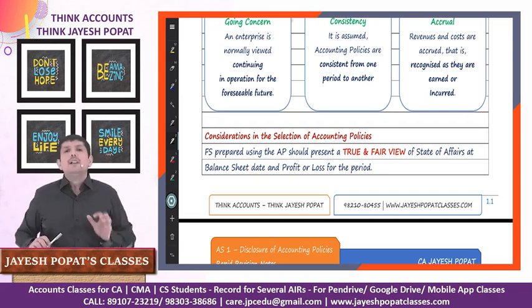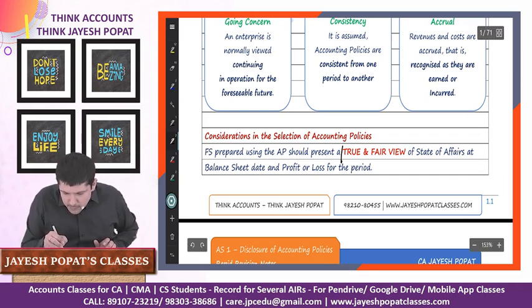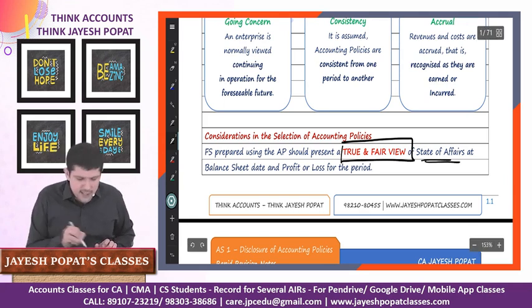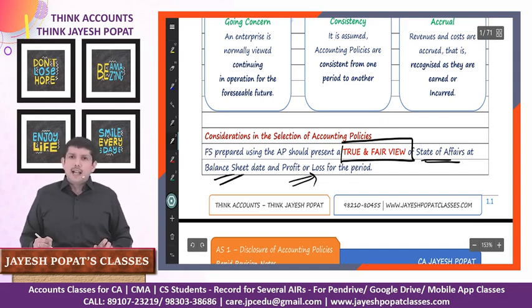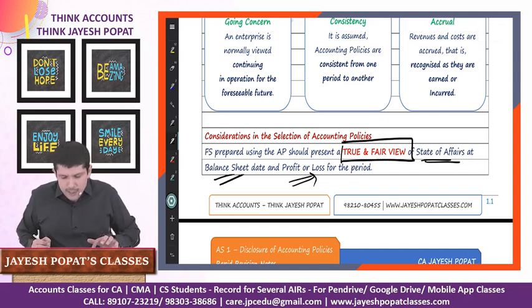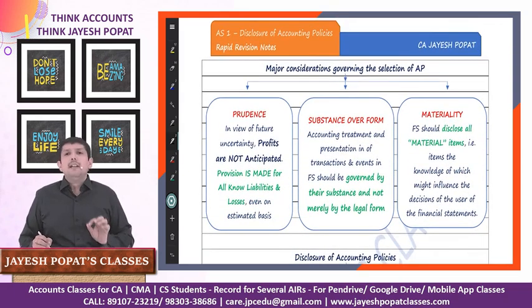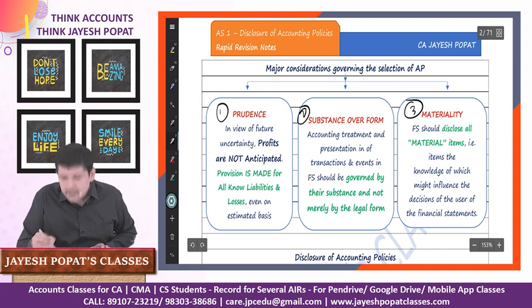Whatever accounting policy you choose, you should keep in mind that the financial statements should project a true and fair view of the state of affairs as presented by the balance sheet and of the profitability of the company as presented by the statement of profit and loss. So there are three major considerations which need to be kept in mind while selecting the accounting policy: prudence, substance over form, and materiality.